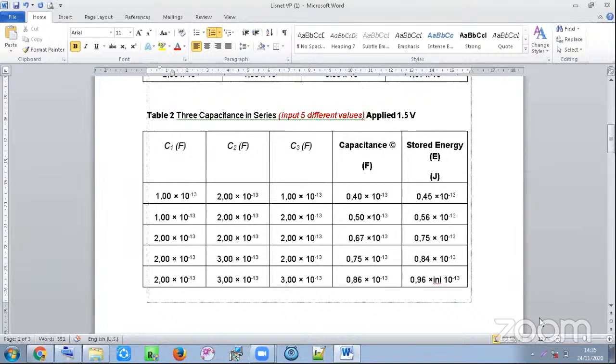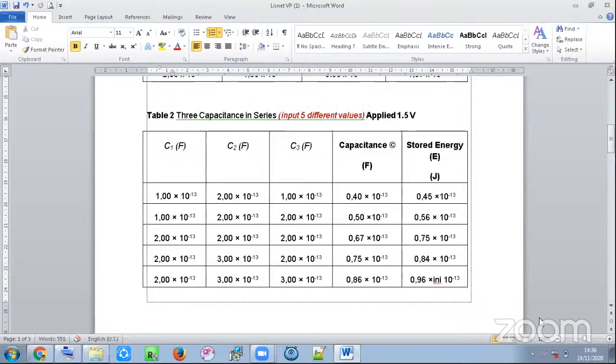And the result of capacitance and stored energy are 0.4 times 10 to the power of minus 13 and 0.545 times 10 to the power of minus 13.